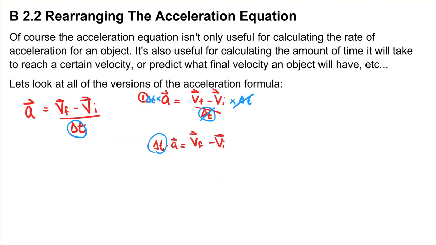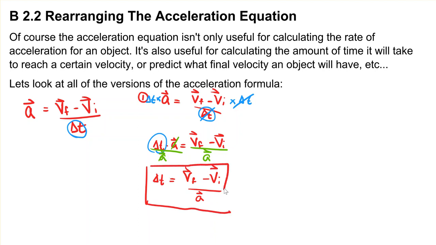This is delta t multiplied by A, so let's divide by A and divide by A. And what we get is delta t is VF minus VI over the rate of acceleration. Perfect. So that is our first rearranged version.